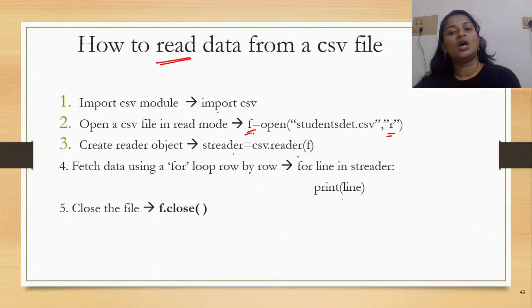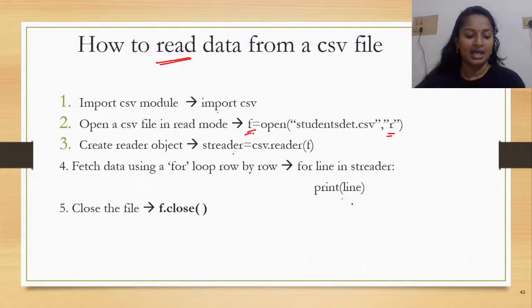In this function, you pass as argument the file object. And this reader function would return the reader object, that is stReader. And you're fetching the data using a for loop, row by row. How do you do it? So for line in stReader, print line. And in the end, you would close the file.